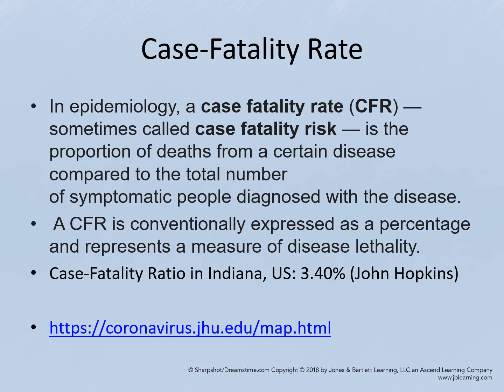The case fatality ratio of coronavirus in Indiana is 3.40%. That means if 100 people were infected with the virus, about 3.4%, or 3 people, would die of coronavirus. That's the case fatality ratio in Indiana according to the Johns Hopkins Resource Center.